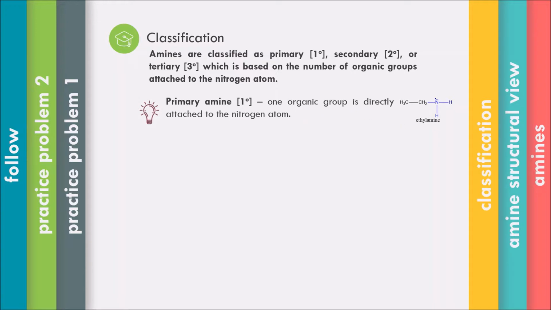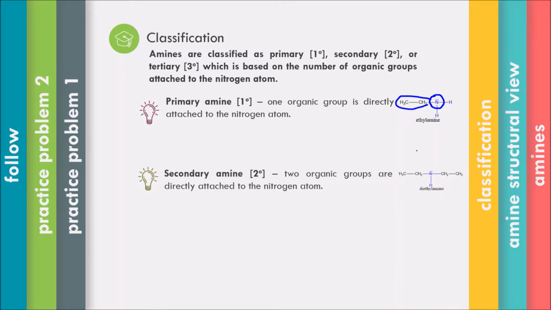Now, we are looking at this nitrogen over here. This nitrogen has only a single carbon chain. This hydrogen and this hydrogen don't have any carbons. That's why this is primary, because it only has one alkyl group connected to the nitrogen.